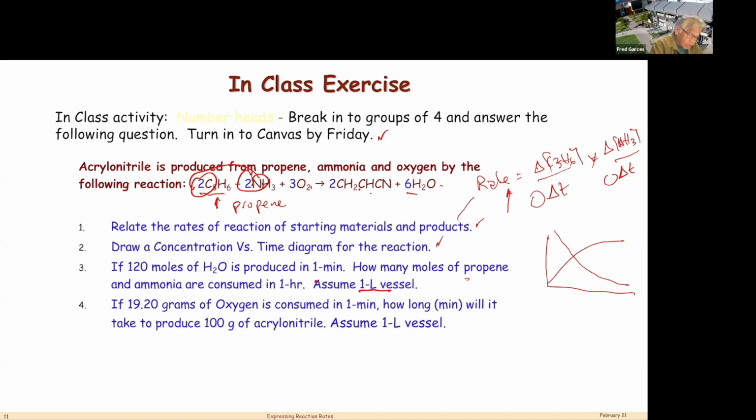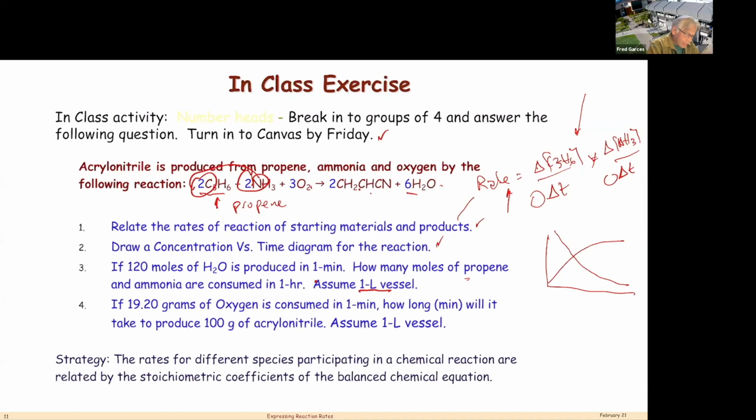You have this relationship right here that tells you the rate by which all the chemicals are related to each other. What you need to do is calculate this guy based on molarity per time. In this case, they give you a minute, and then figure out, well, if that's the rate for water, what's the rate for propene?